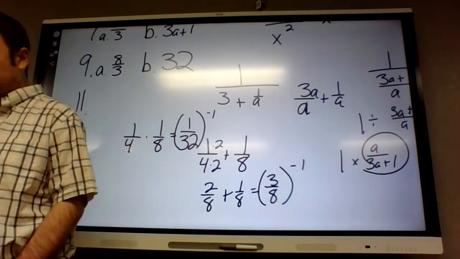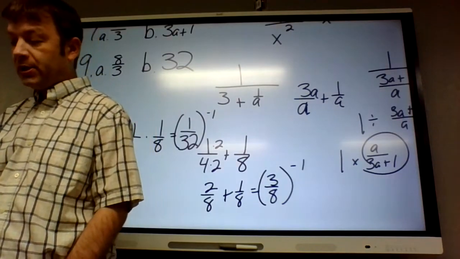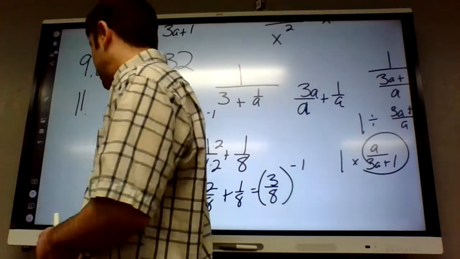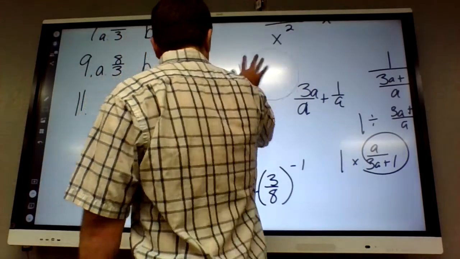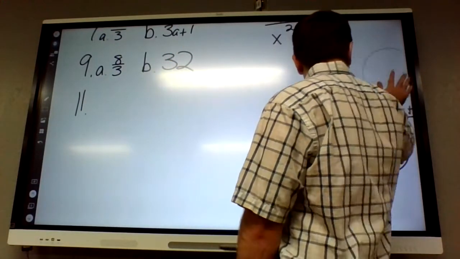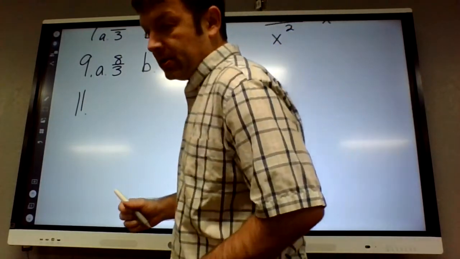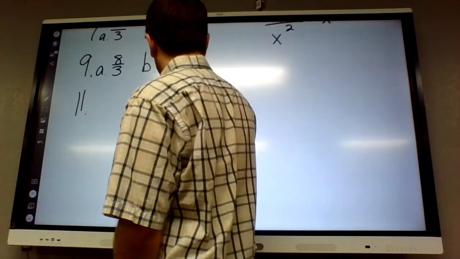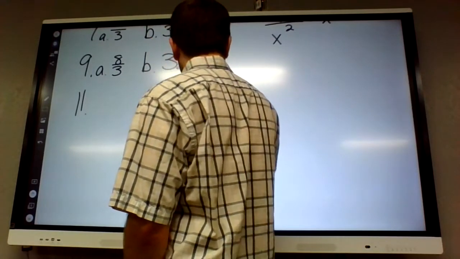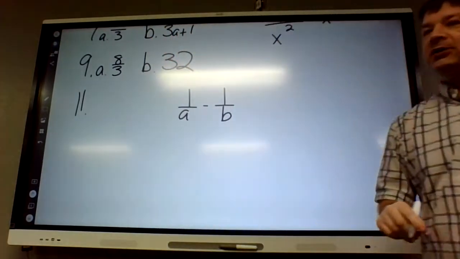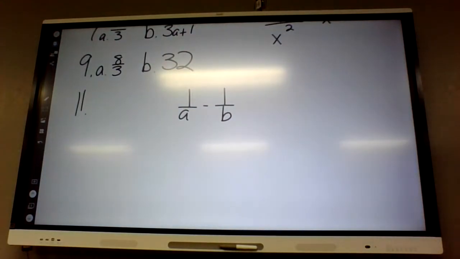Number 11. Okay, so a to the -1 is just 1/a. And b to the -1 is 1/b. We can combine those two if we do what? Have a common denominator.